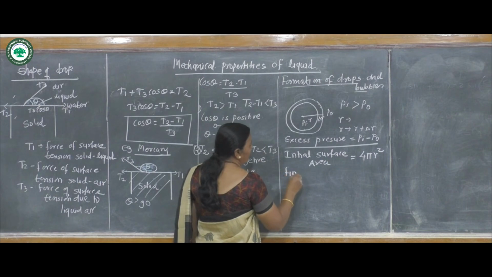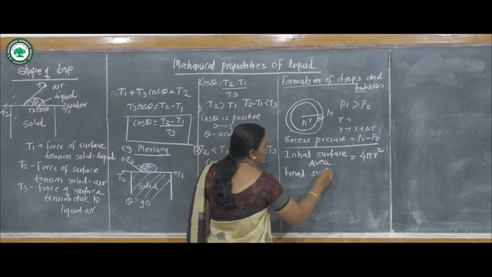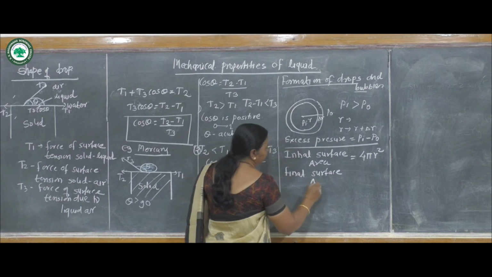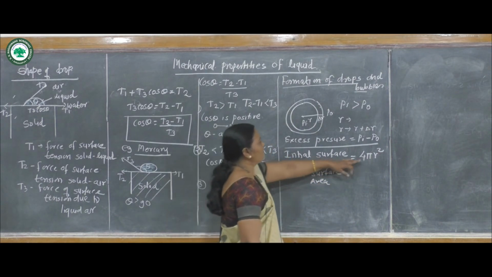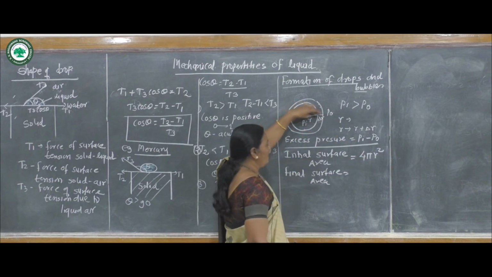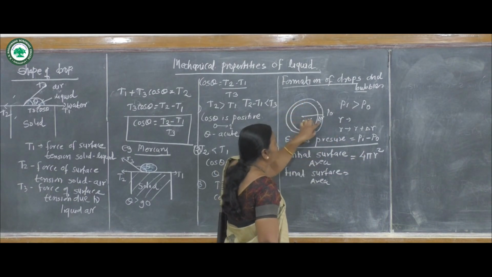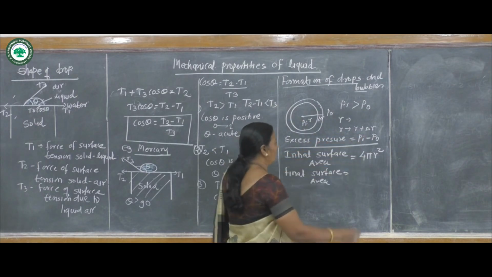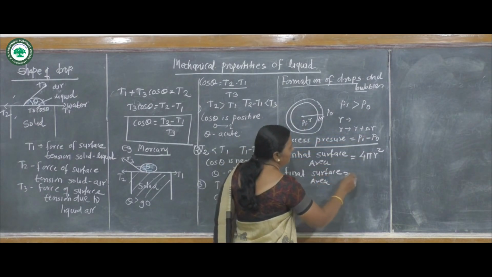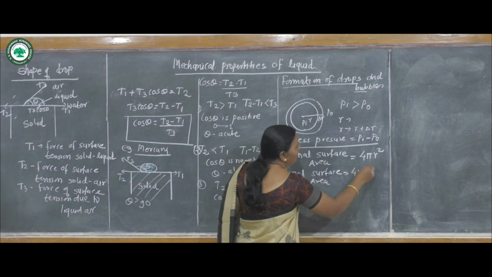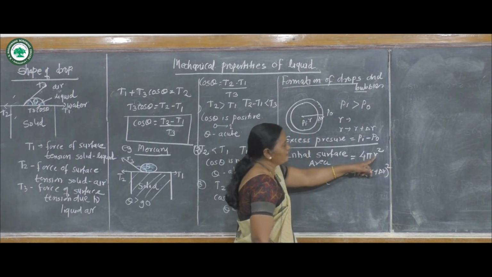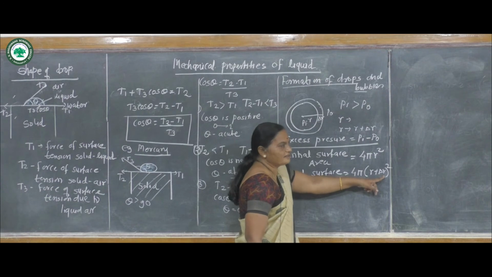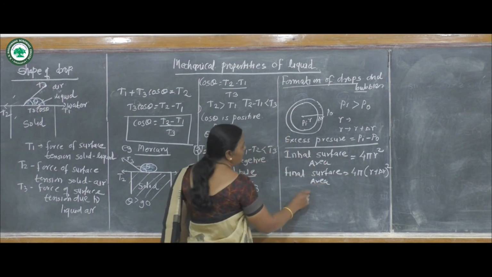Final surface area is equal to, initially we take the radius r, and in the final case the radius is r plus delta r. Therefore, the final surface area is 4 pi into bracket r plus delta r bracket square. Now we simplify this equation.